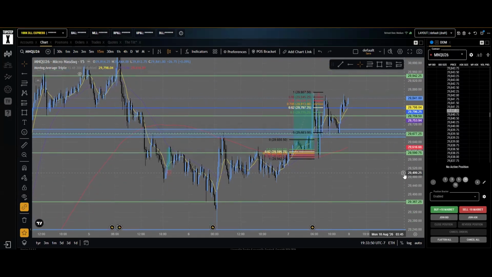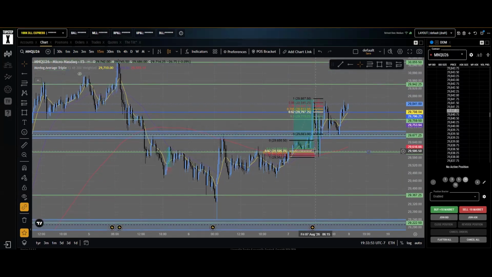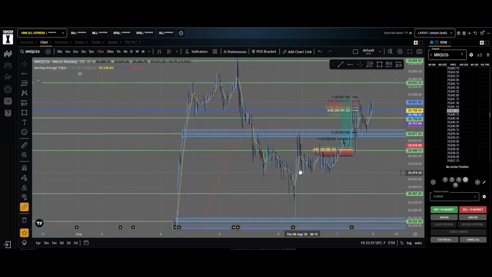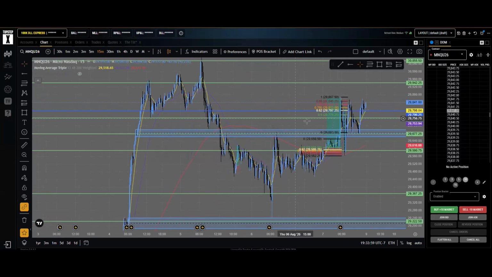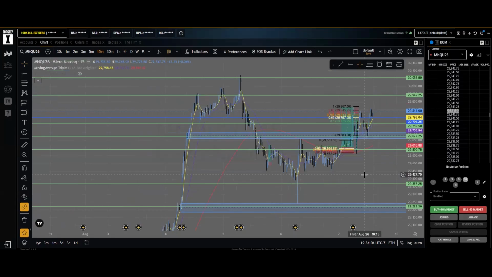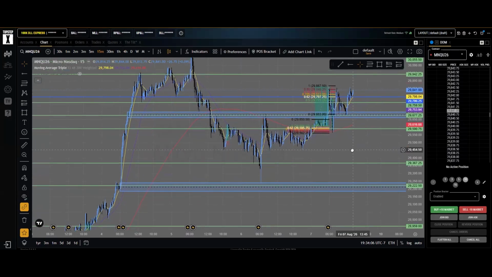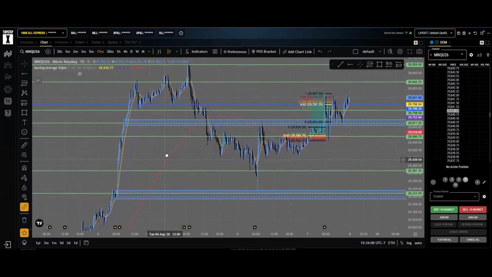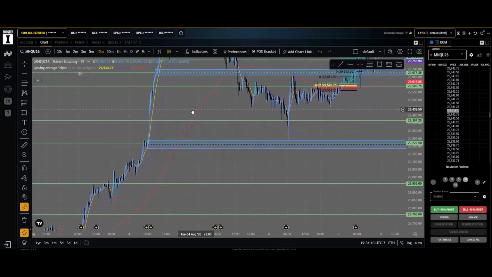But going into yesterday, I obviously had this big pullback, but we were so overextended in the market. It was just pumping with no real retrace.